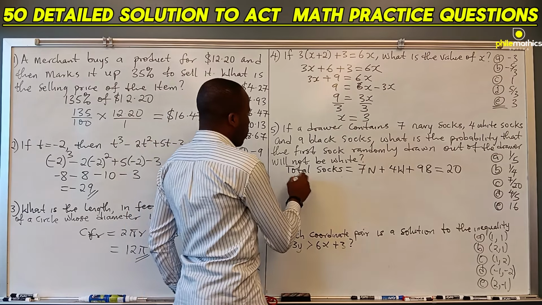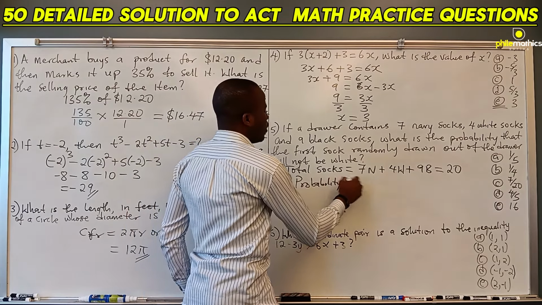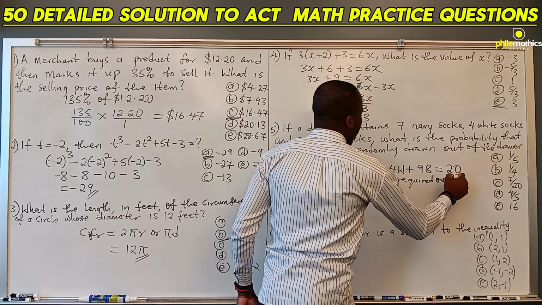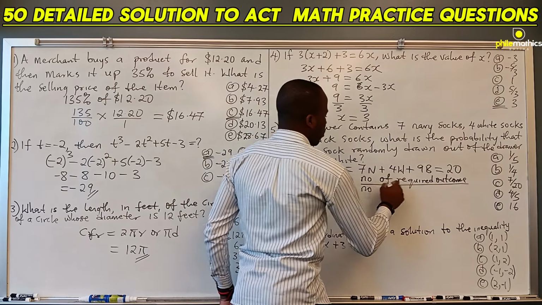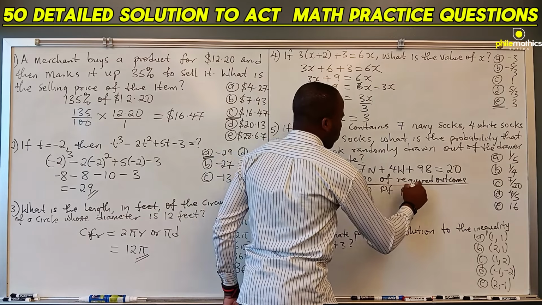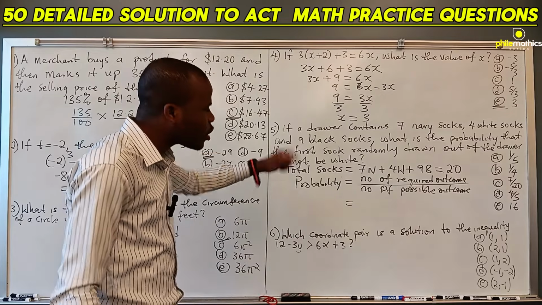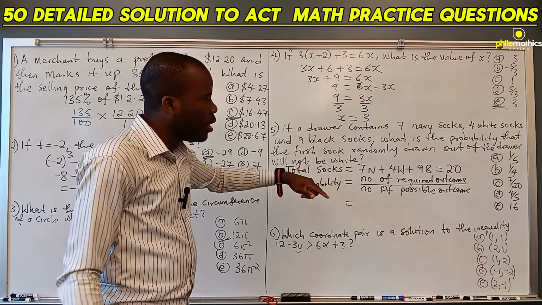And recall that probability is given as the number of required outcomes over the number of possible outcomes. Now the question says, what is the probability that the first sock drawn at random is not white?